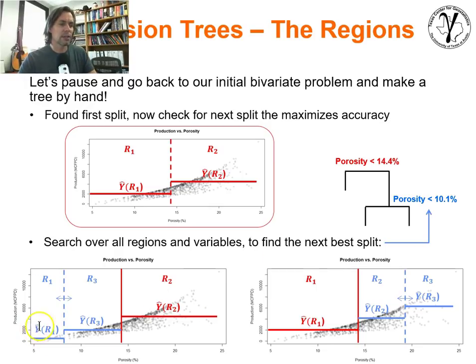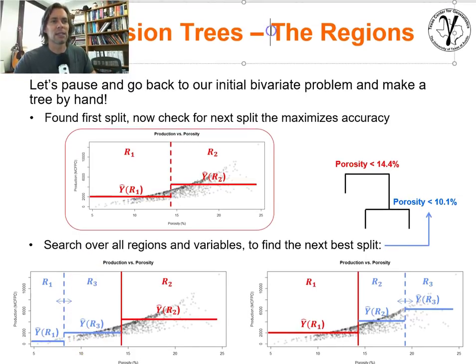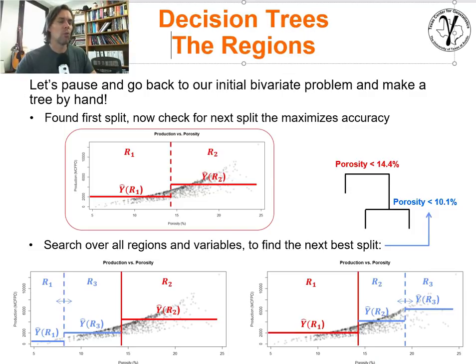So we scan across in region 1 to try to divide out region 3, and scan across in region 2, trying to divide out region 3 over here. And when we do that, we find that this division somewhere right around here does the best job of reducing the RSS. This is the very best split we should use, and it turns out to be around 10.1%.